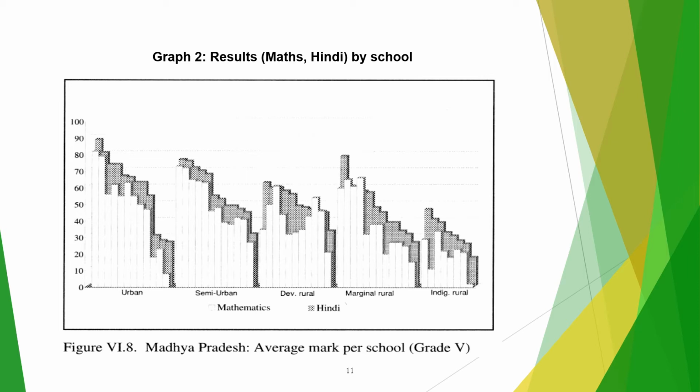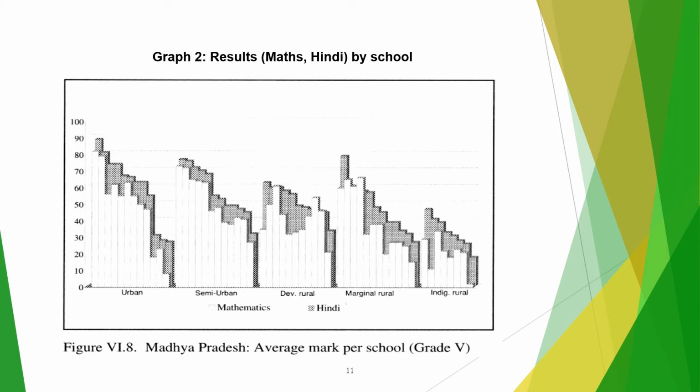And as you can see, in each zone there are 10 to 12 schools, and each column, each bar that you see there shows you the results on average in grade 5 of that school for mathematics and Hindi. In the urban zone, with some schools doing very well, an average mark of 80 for mathematics, 90 for Hindi.